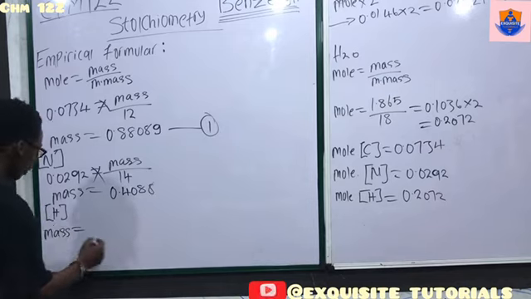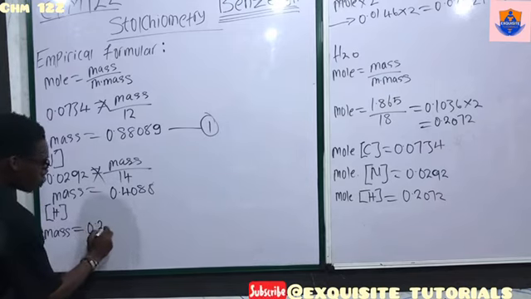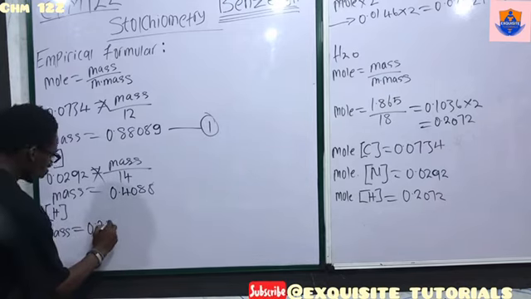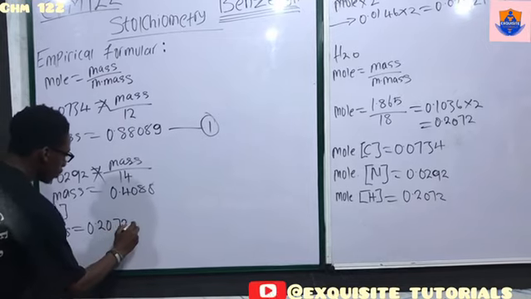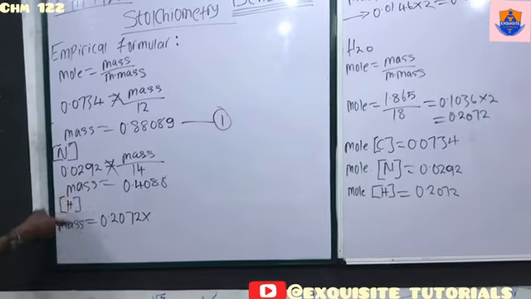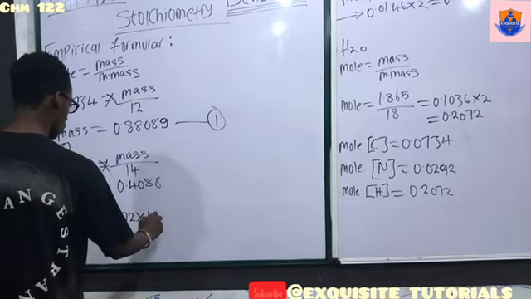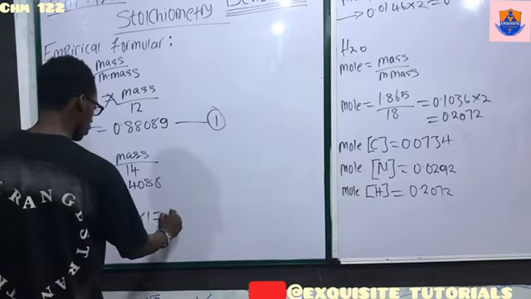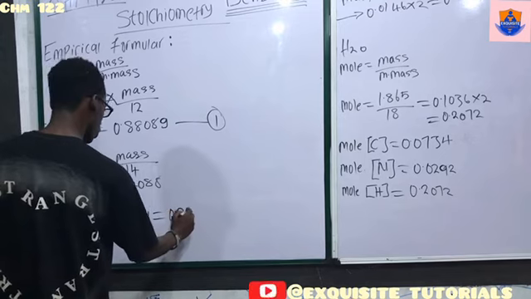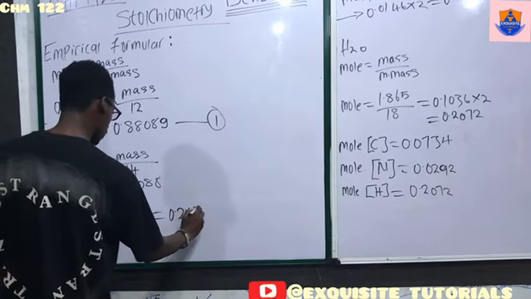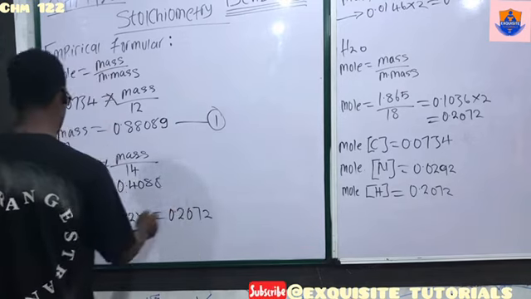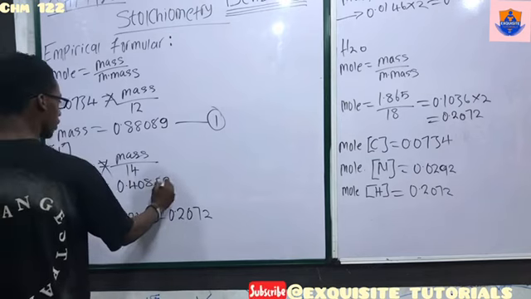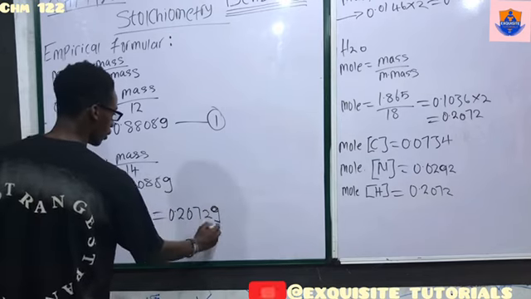So we have the mole as 0.2072 times the molar mass of hydrogen, which is 1, so possibly nothing changes, so we have 0.2072. Now we have it in gram and in gram.